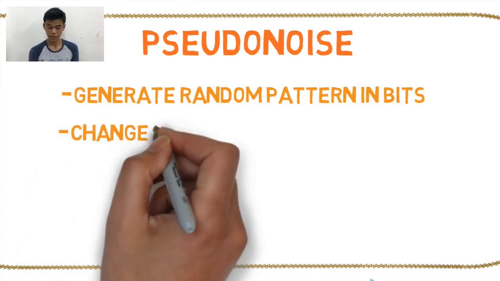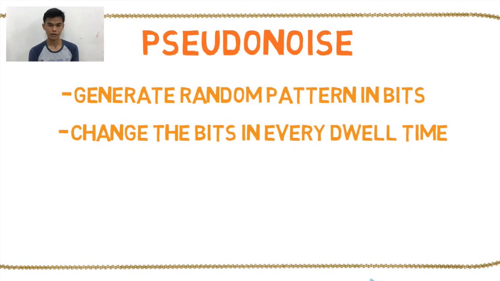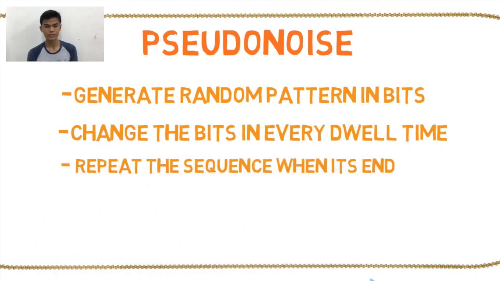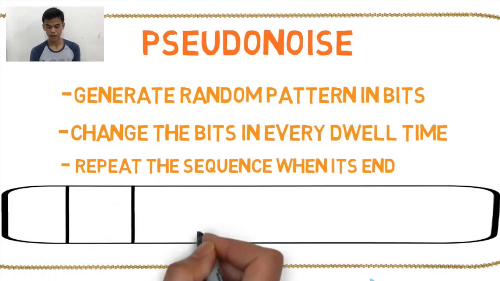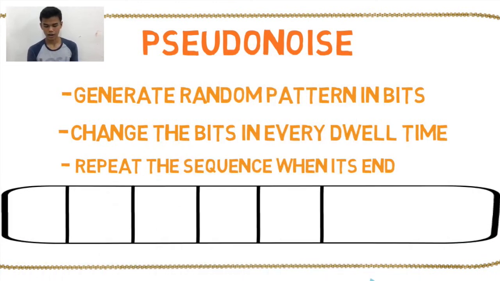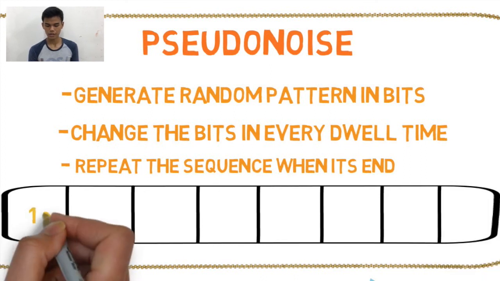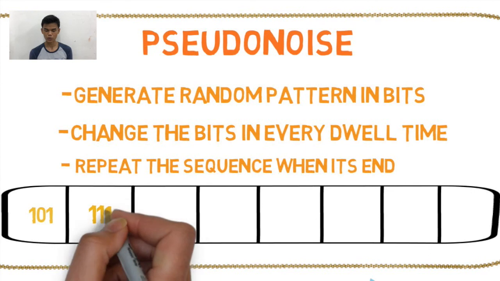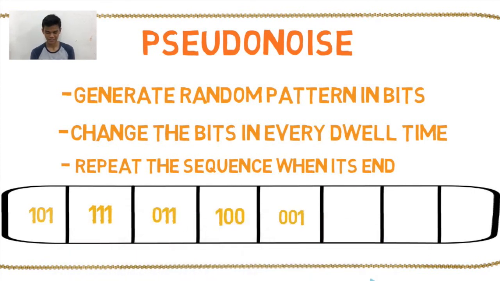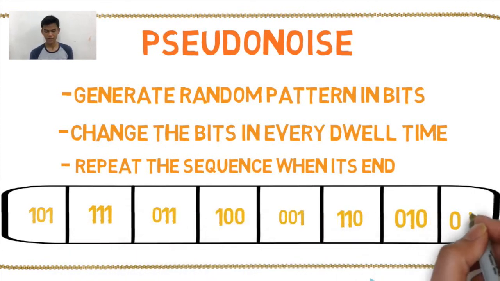One bit will change to another bit in every dwell time. The sequence will repeat itself when the sequence ends. For example, there are 8 different levels of frequency and the first bit in the sequence is 101. After a dwell time, it will go to the next bit in the sequence, which in this example is 111, and so on. After the very end of the sequence, which is 000, it will start back at 101.